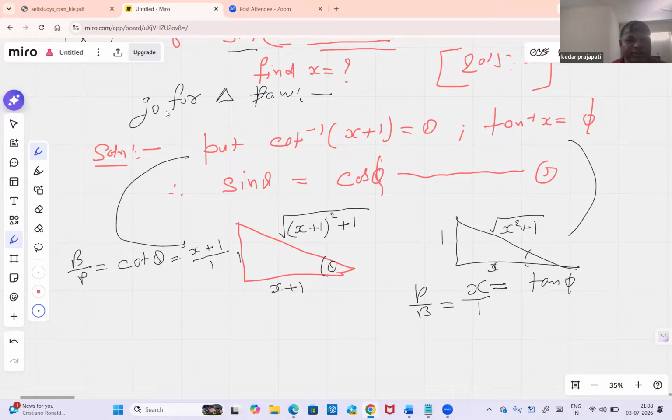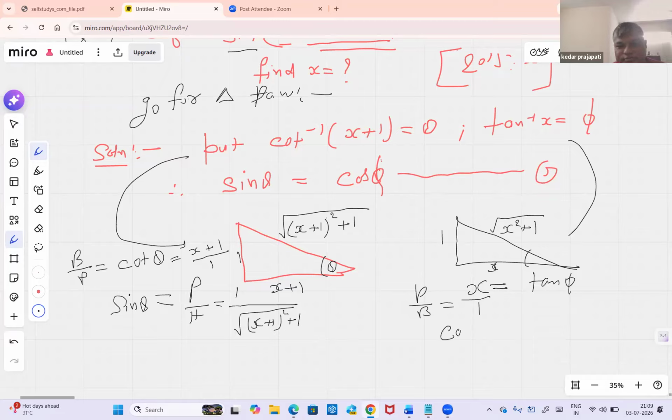So now I need to find sine theta here. Sine theta will be perpendicular by hypotenuse. This is 1 by root over x plus 1 square plus 1. And here I have to find cos phi. Cos phi is base by hypotenuse.